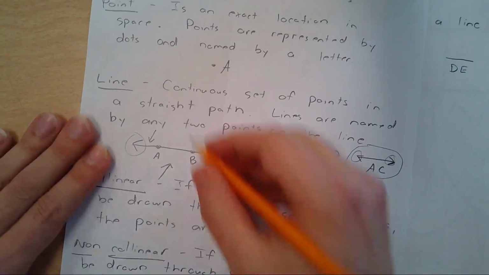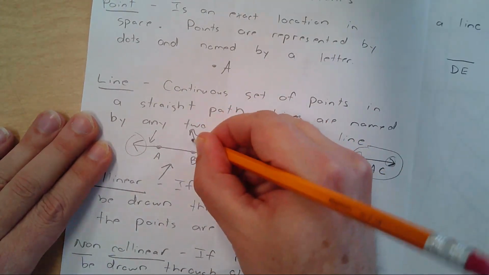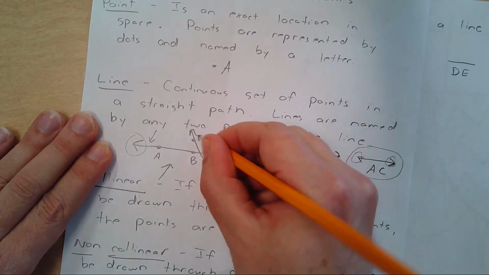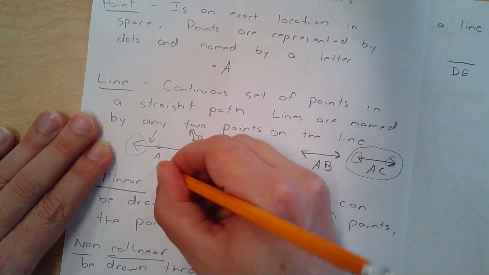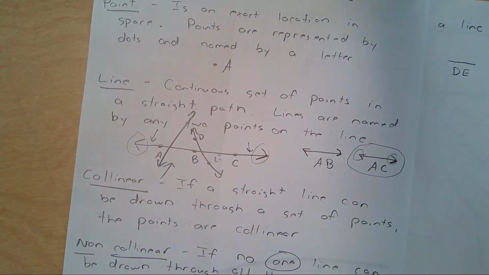But there could be plenty of lines. I could draw a line here, throw on more points, and I could draw another one up here, and another one, they could go here. So we need to be able to differentiate between lines. There's frequently more than one line or segments inside of a representation here. So this is why we need to use points here.